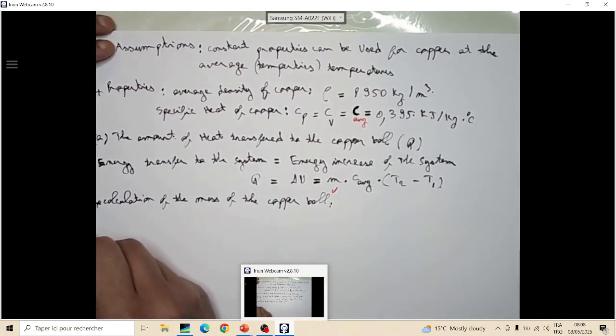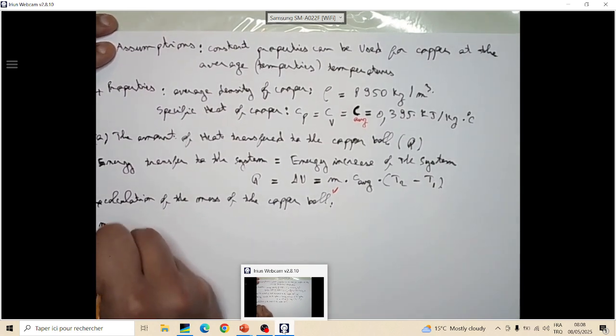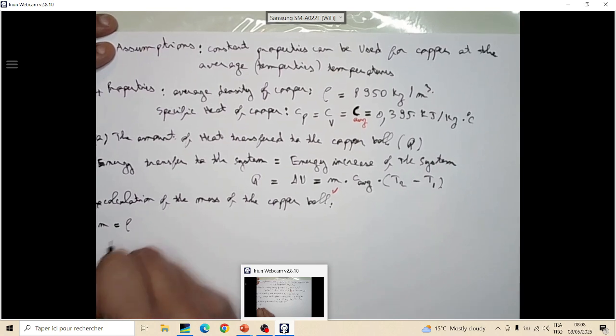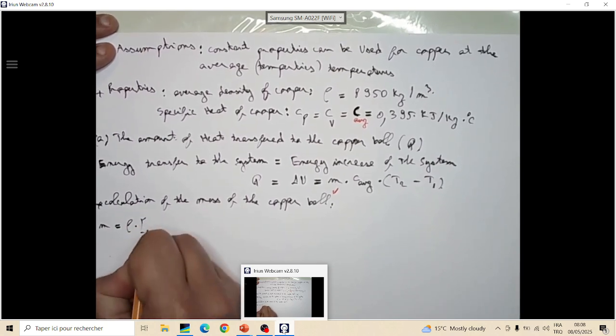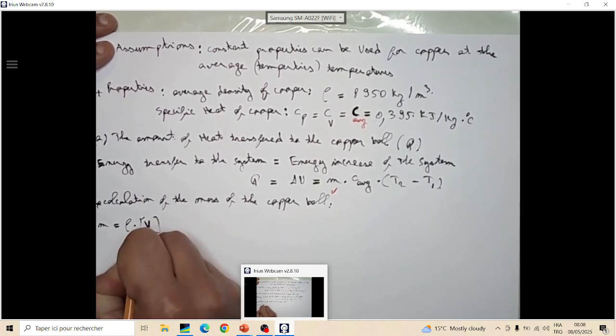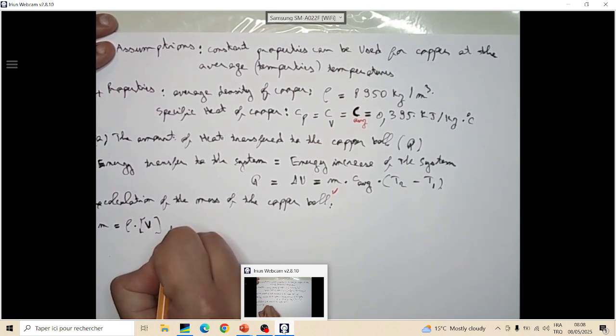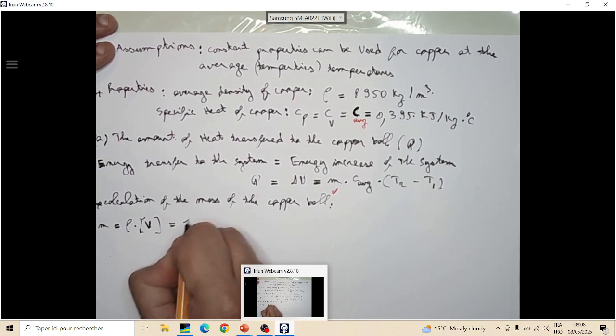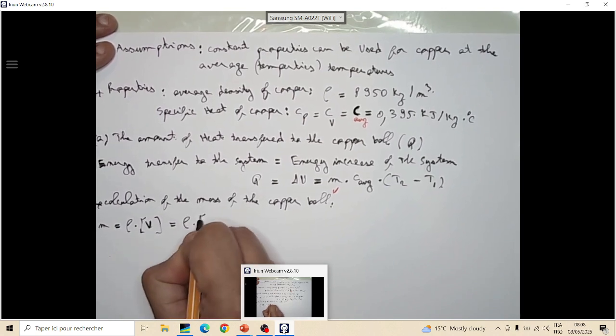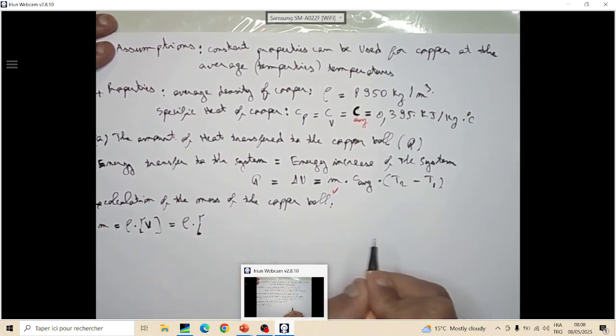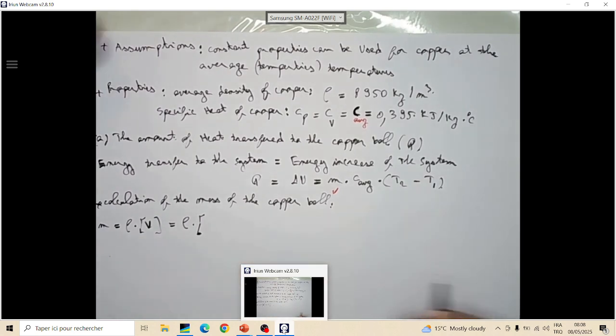So the mass is equal to the density times V, which is the volume of the ball, is equal to the density times the formula. What is the formula for the calculation of the volume of a sphere?